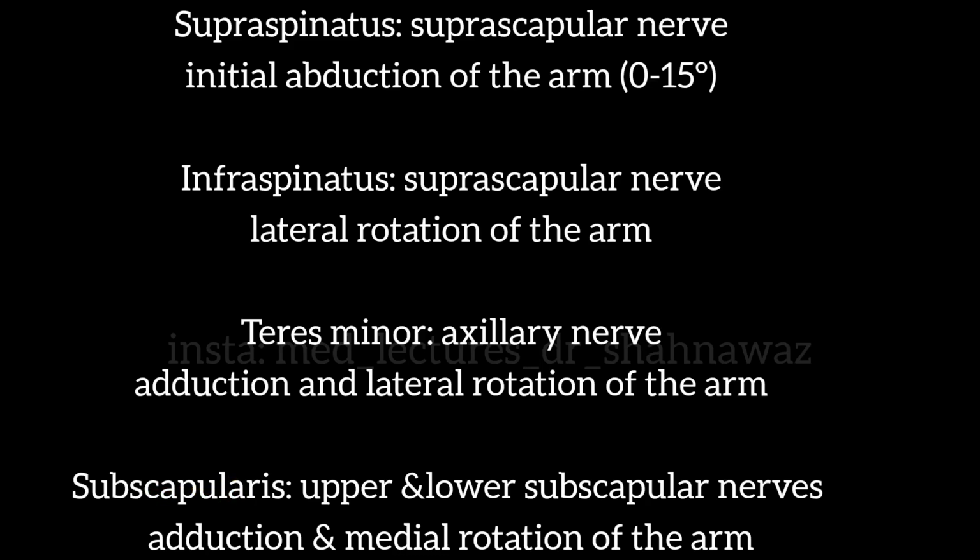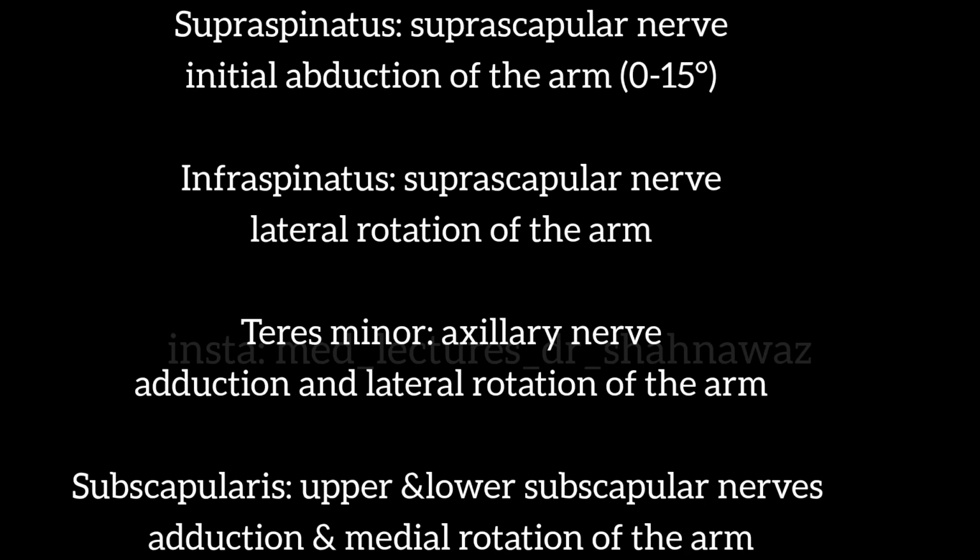And what is the injury or pathology of the rotator cuff muscles? When one or more muscles of the rotator cuff are injured, it is typically due to a tear or tendinopathy.